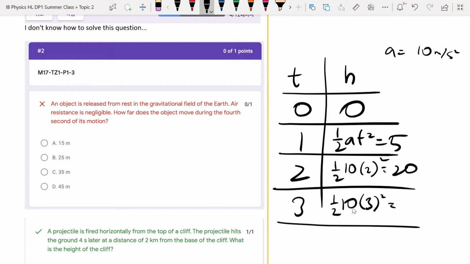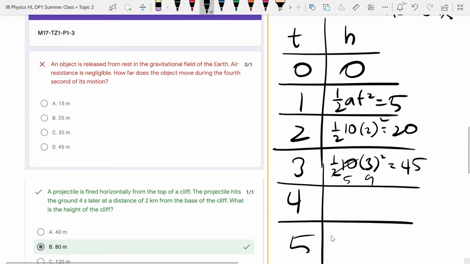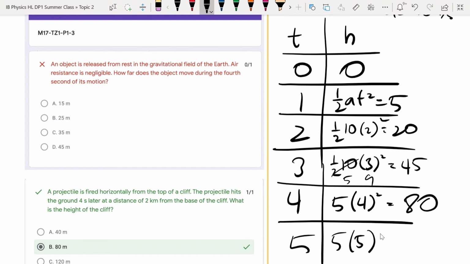So 1/2 times 10 is always 5, right? 5 times 9 is 45, right? You keep doing this, you go to 4, and we go to 5. So let's reduce this to 5 times 4 squared equals 80, and 5 times 5 squared, 125, right?